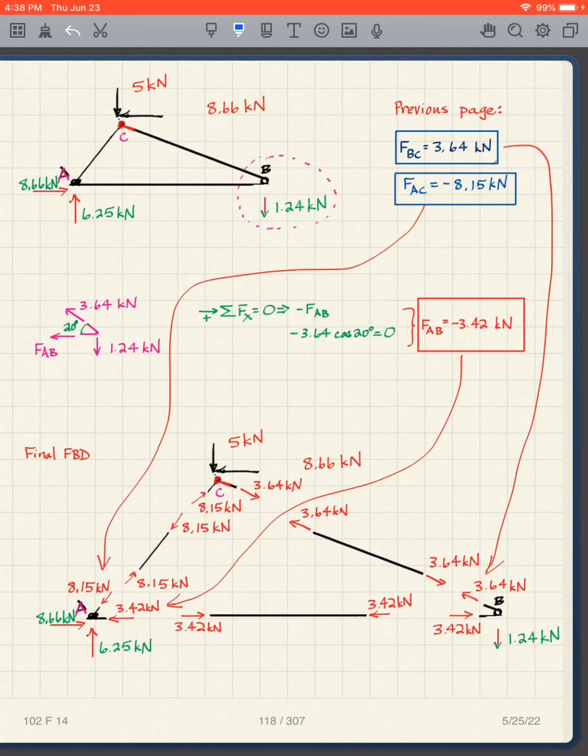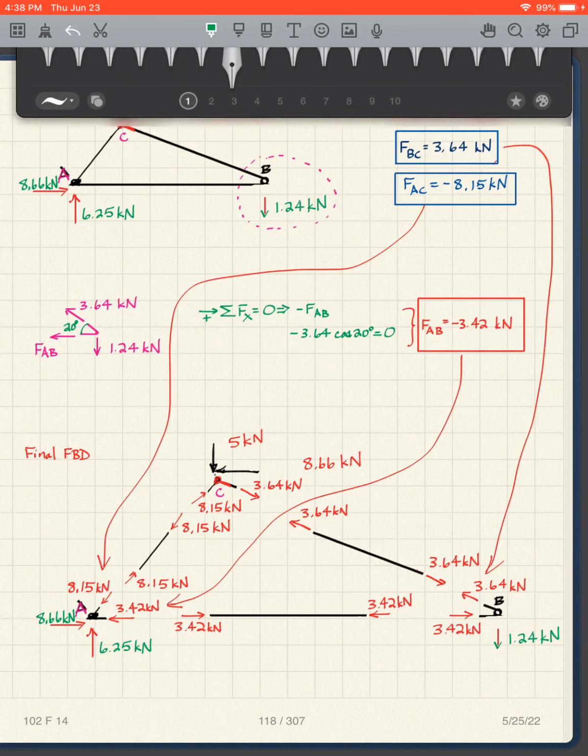I take the sum of the forces in the x direction equaling 0. You can see it's not going to help me to do the sum of the forces in the y direction because FAB is going in the x direction. It's not going to appear in my equation. So I have to take the sum of the forces in the x direction. And of course, what do I do with this? I take the cosine of the angle. You can do that in your head. I guess I could do it longhand here.